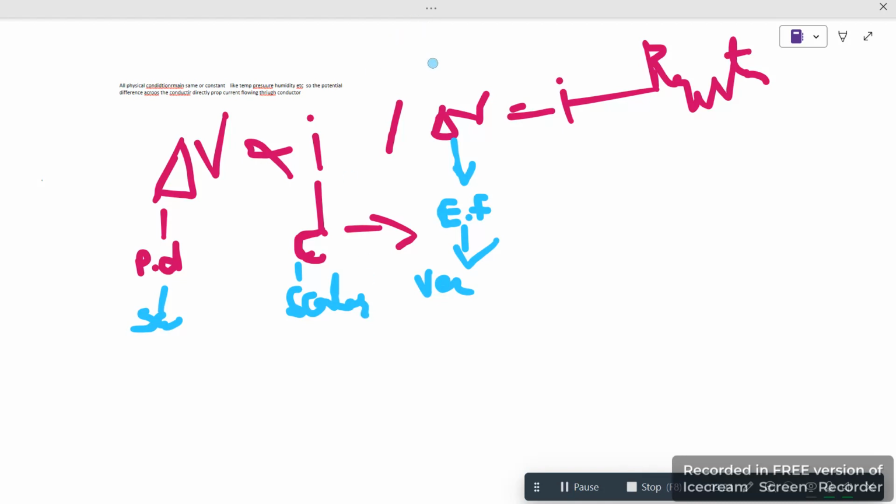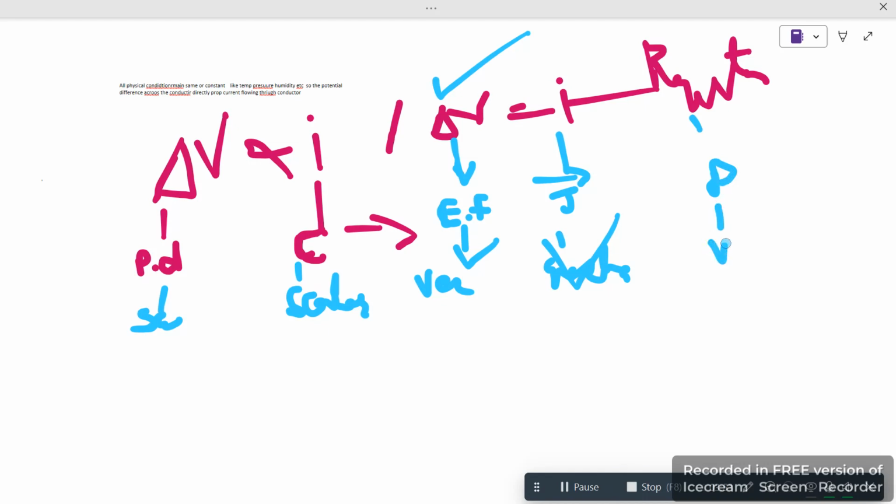Then instead of potential difference, if we use the electric field, the work will always be the same, and instead of current, we insert current density, denoted by J, and the arrow above tells that this is a vector quantity. Here we have resistance, which becomes resistivity rho.